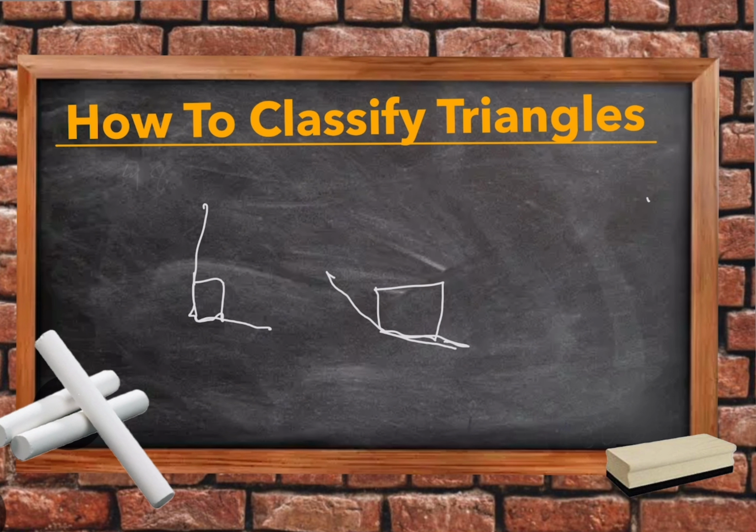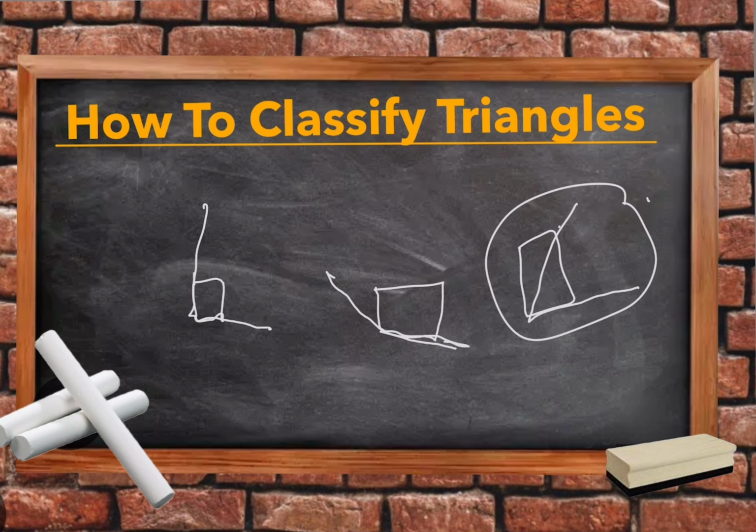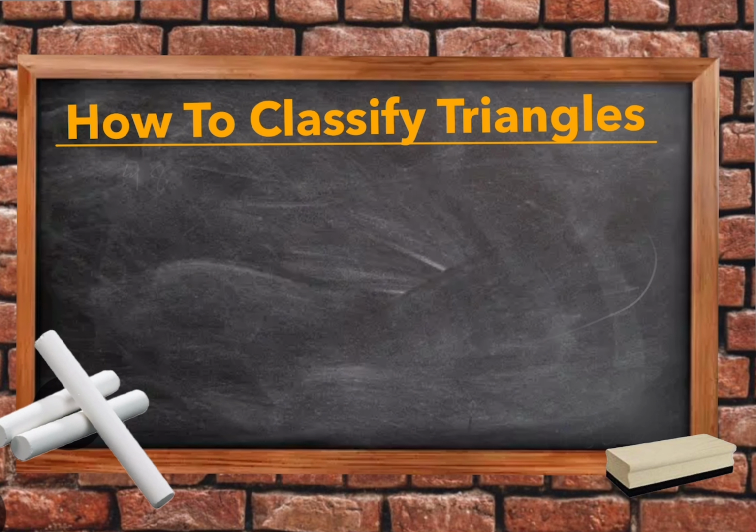The angle has to be tight and smaller than the square, like this, for example. That would be an acute angle. Okay? And all of the sides have to be acute.